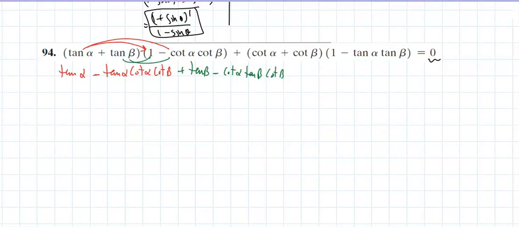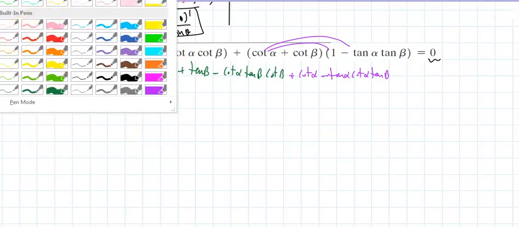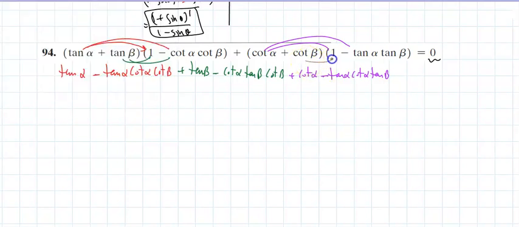And if I get to the second, plus cotan of alpha minus tan of alpha, cotan of alpha, tan of beta. And maybe, I don't know what color to use. Let's go with that one. Plus cotan of beta minus tan of alpha, cotan of beta, tan of beta.